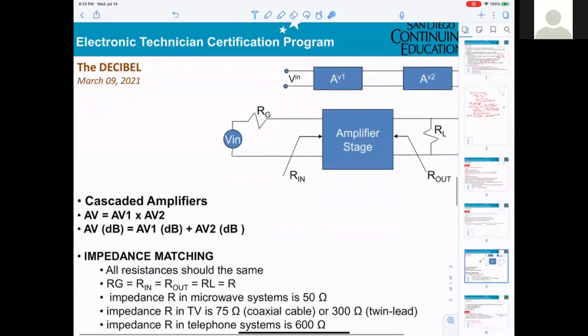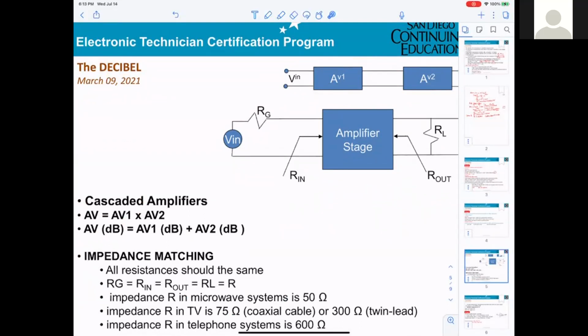Now, cascaded amplifier. That means you get two amplifiers. One, you get the gain AV1, and next, you get AV2. So if you want to calculate the total gain, for an ordinary number, you take AV1 times AV2.